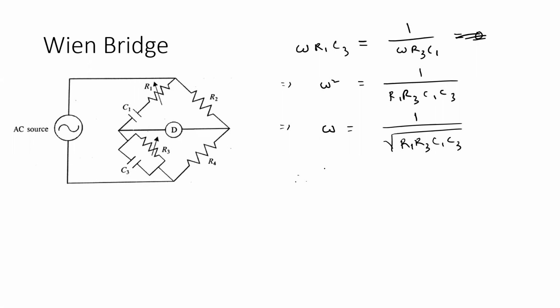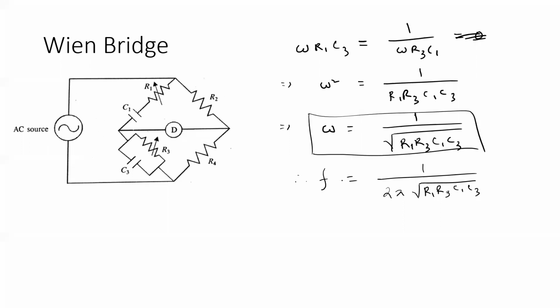Now the frequency in terms of hertz, we can also derive that by just dividing simply by twice pi. Now either of these two expressions can be used to determine the unknown frequency.